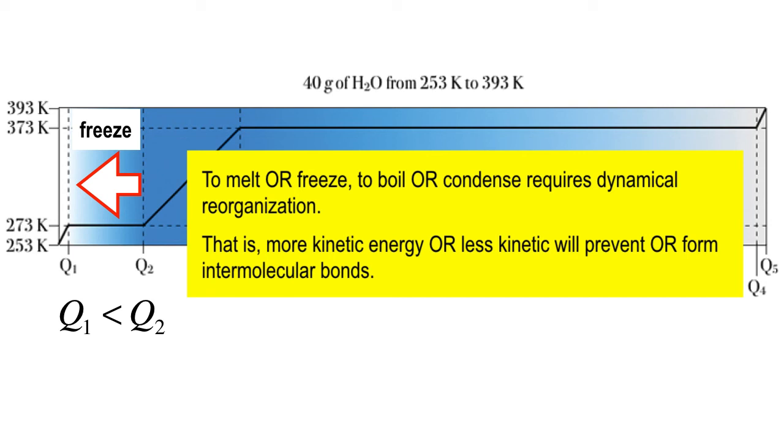Okay, so 80 times 40 is 3,200 calories. So this line segment symbolizes 3,200 calories removed by whatever refrigeration process you care to name. Okay, so we're going to lower Q's for this freezing procedure here.